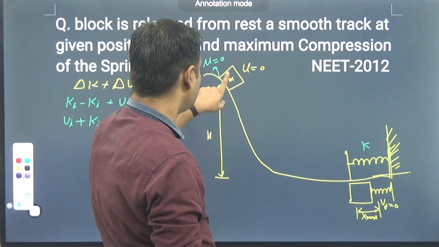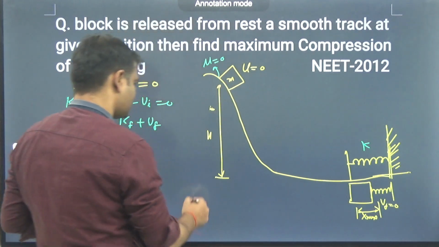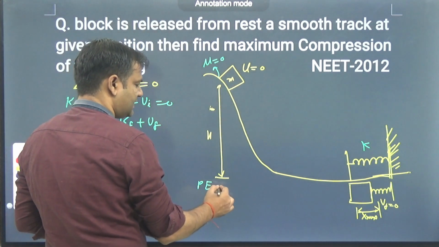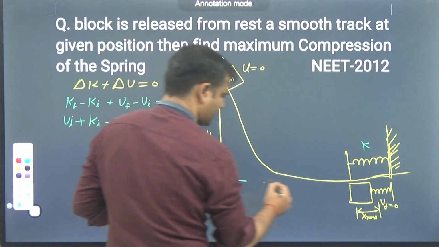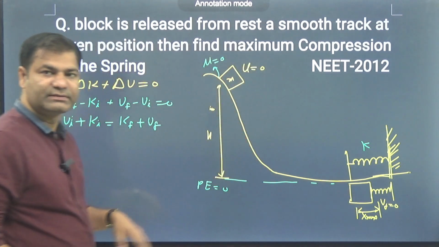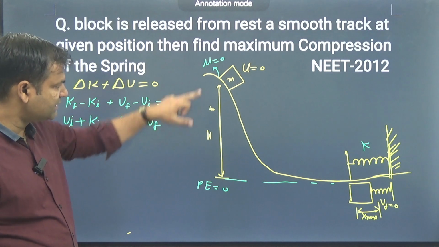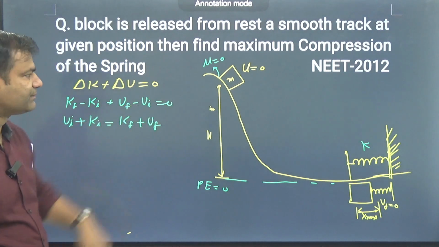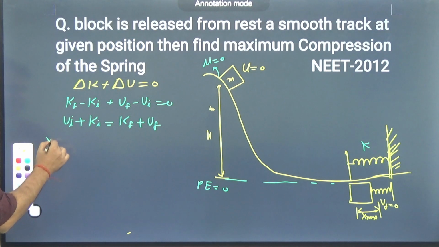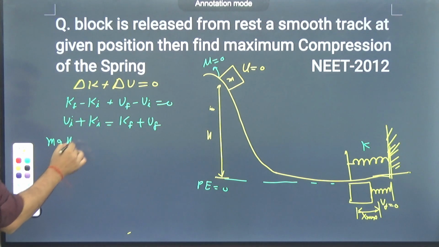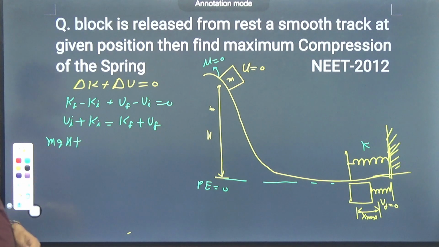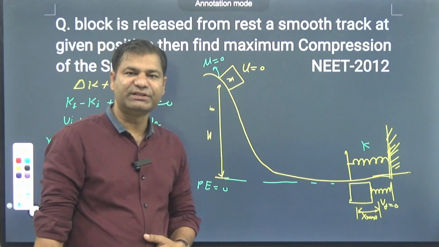Now what about potential energy? First of all, we have considered potential energy at that point to be 0, which is the reference. So the initial potential energy is mgH, plus what about spring potential energy?